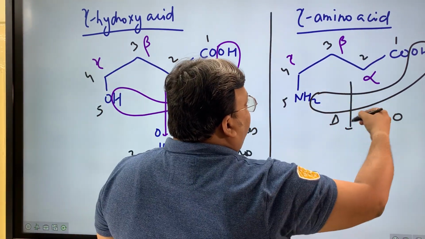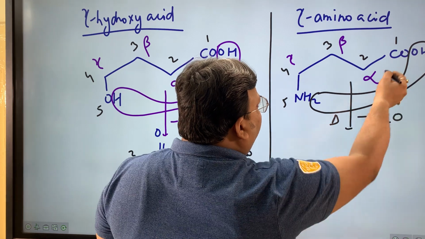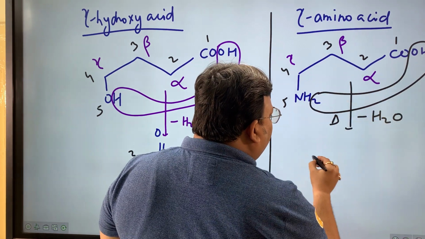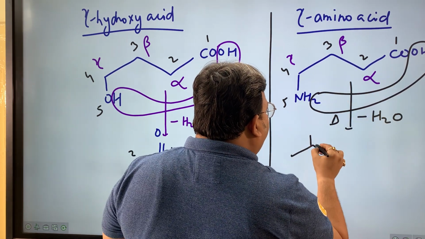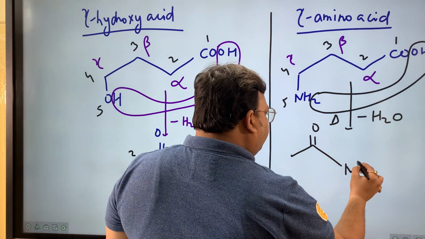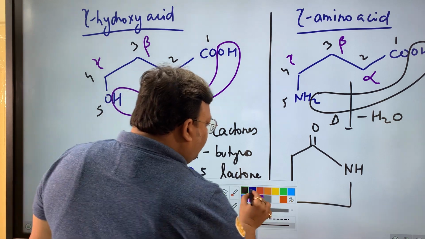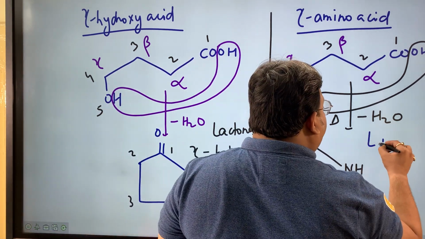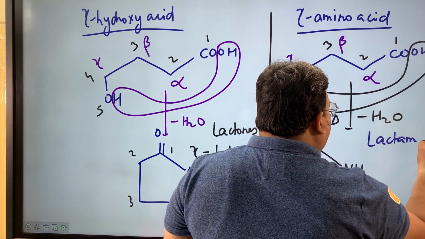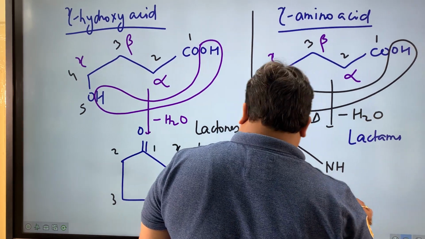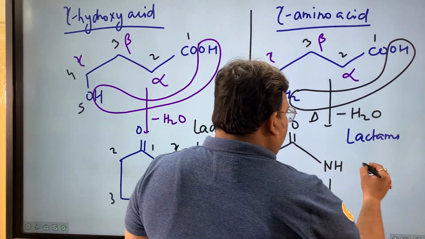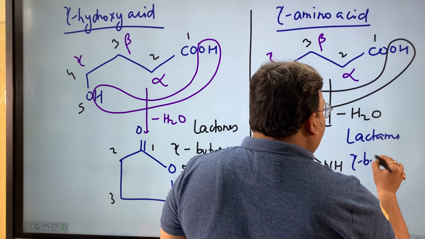For a gamma amino acid, you lose water in this way. Again, you will get 1, 2, 3, 4, 5-membered cyclic amide. This is how you draw the 5-membered cyclic amide. Now, cyclic amides are called lactams, and you might want to call it gamma butyrolactam.